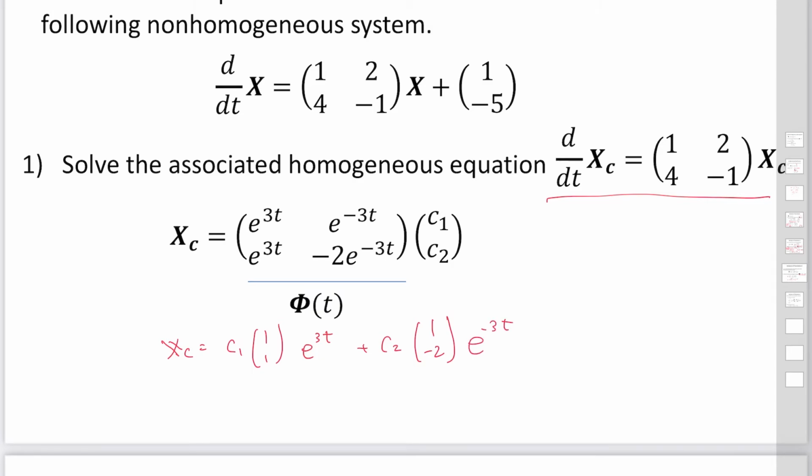We derived these solutions when the characteristic equation has two distinct eigenvalues, lambda equals 3 and -3. From these, you can build a product of the matrix and the vector of c, and this phi is the fundamental matrix.